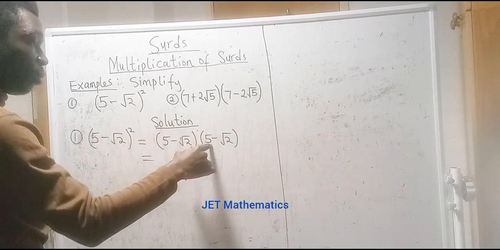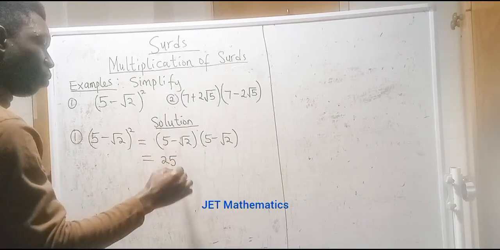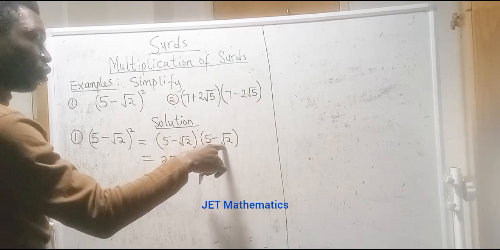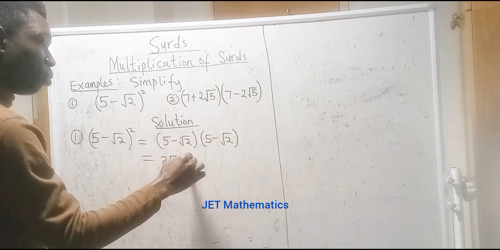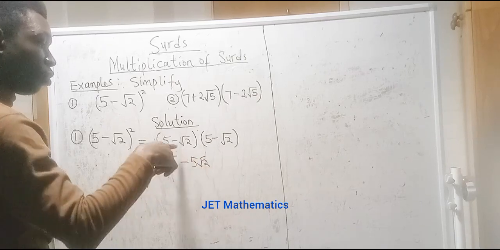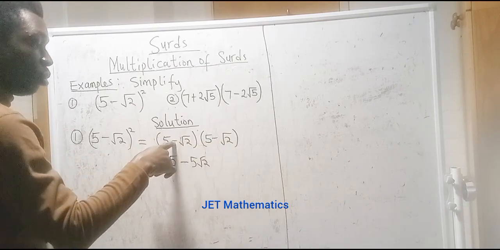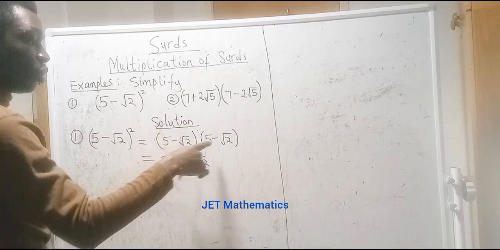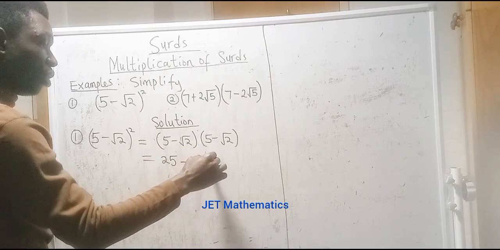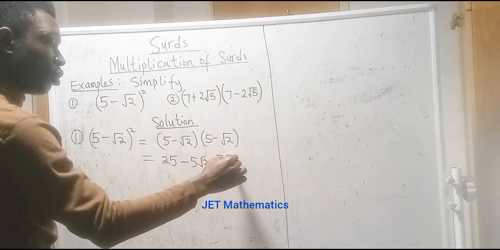So we have 5 times 5, 25. And then 5 times minus root 2 is minus 5 root 2. Then this also multiplies everything here. Minus root 2 times 5 is another minus 5 root 2.